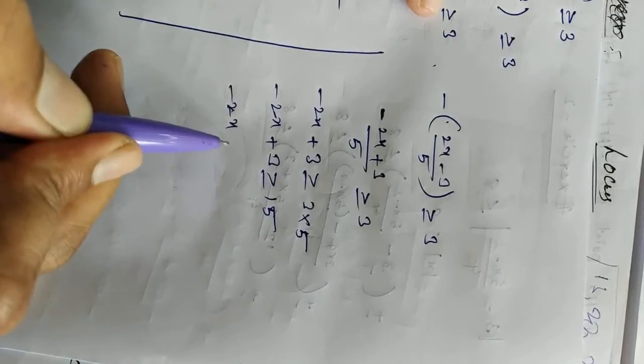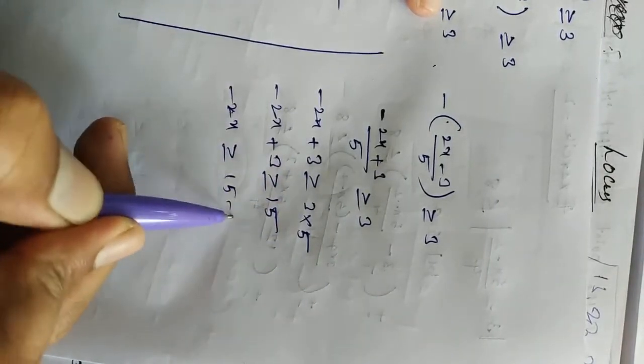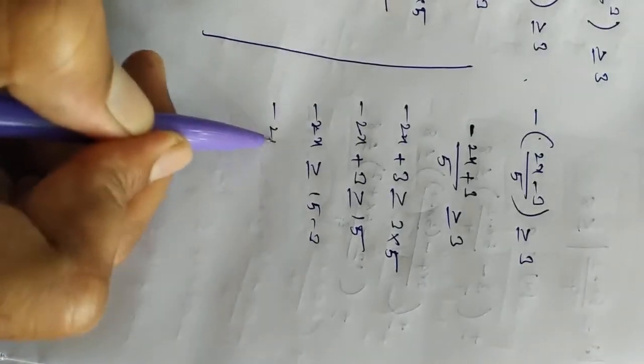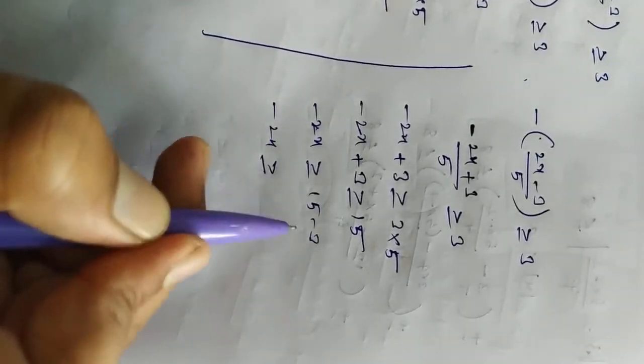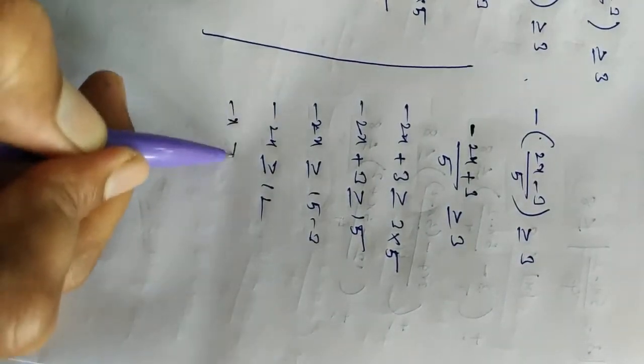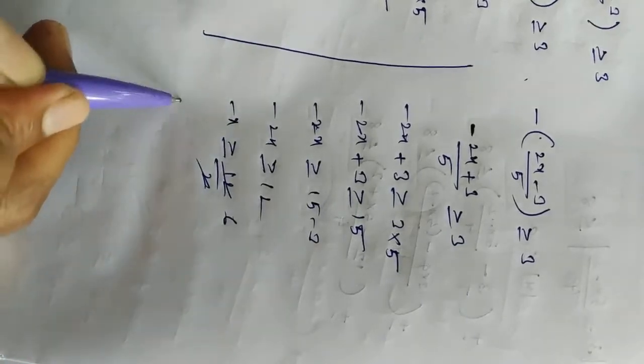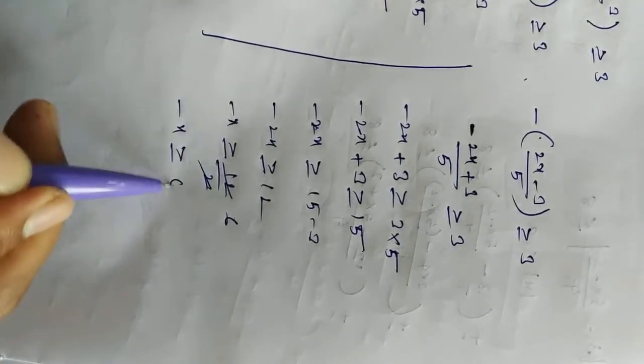Minus 2x is greater than or equal to, 3 is moved to the right side, 15 minus 3. Minus 2x is greater than or equal to 15 minus 3, how much? 12. So minus x is greater than or equal to 12/2, which is 6. Then minus x is greater than or equal to 6.